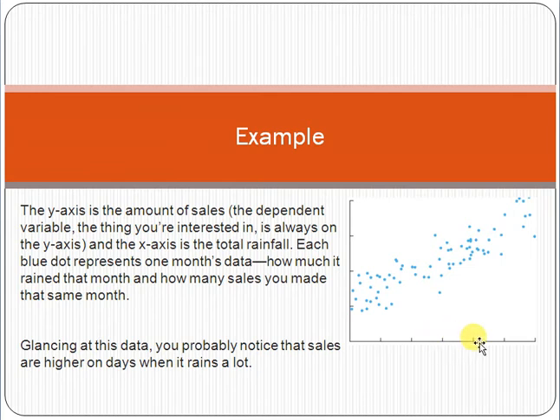So since the last 5 years, what is the impact of rainfall on the sale? We have noticed that with the passage of time, whenever the rain increases, the sale also increases.